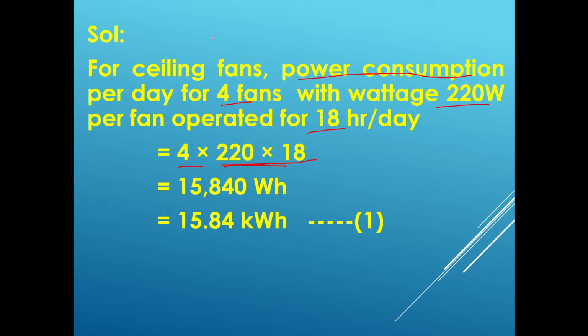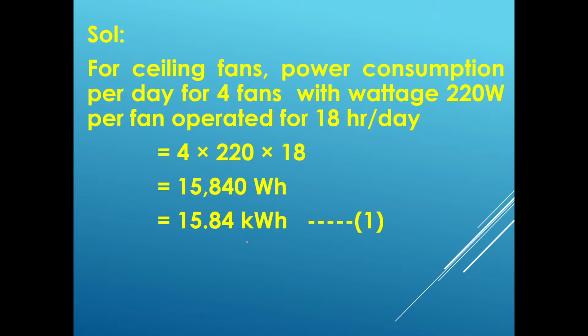Instead of writing power consumption per day, I can write energy consumption. I have written power here. So 4 into 220 into 18, you just multiply. You'll get this in watt hours. Convert it into kilowatt hours by dividing by 1000, and you will get 15.84 kilowatt hours. Consider it as equation 1.